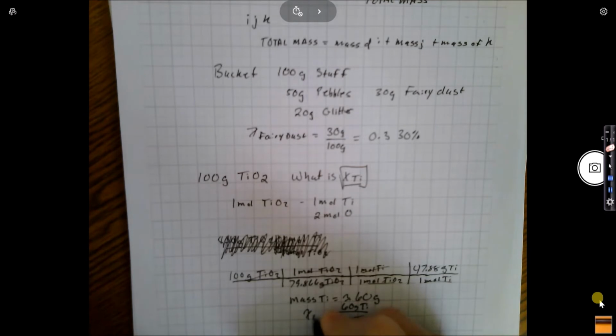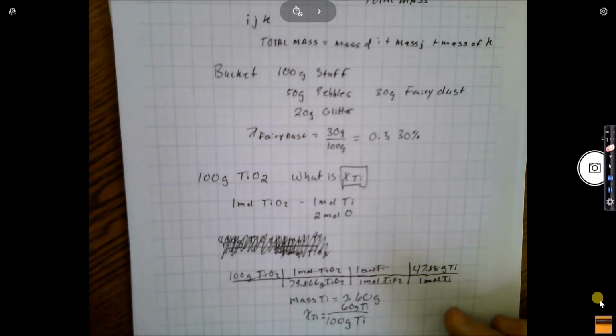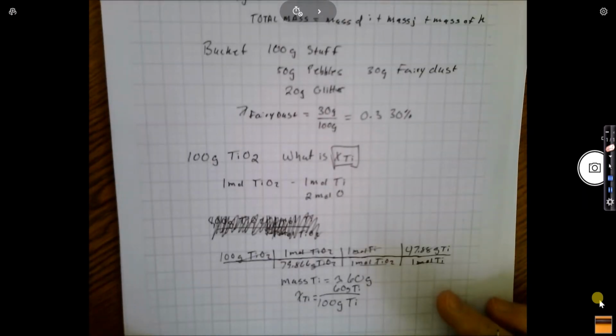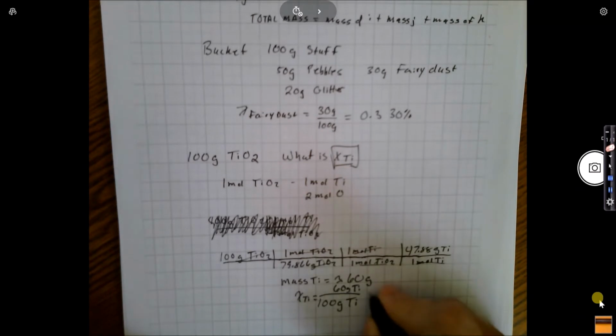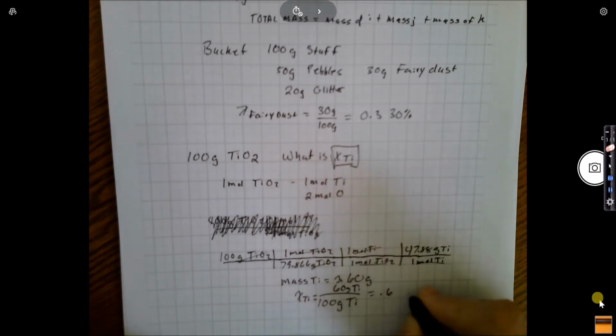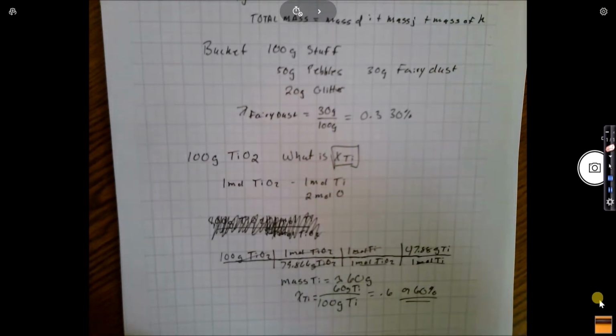So X titanium, and I apologize, I'm setting this up backwards, but if you just take a pause and take a look at it, we're figuring out the mass fraction of titanium is 60 divided by 100. Very simply, that's 0.6 or 60%. So the mass fraction of titanium in titanium dioxide is roughly 60% by our calculations.